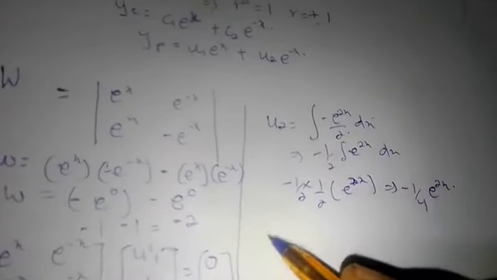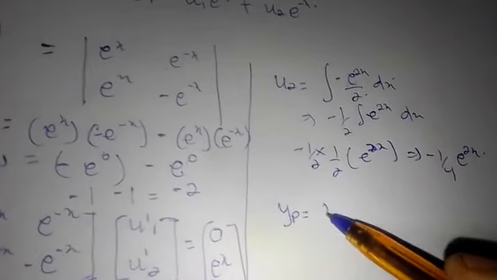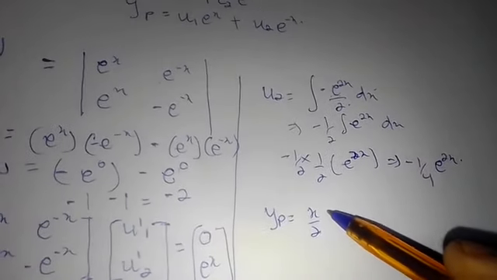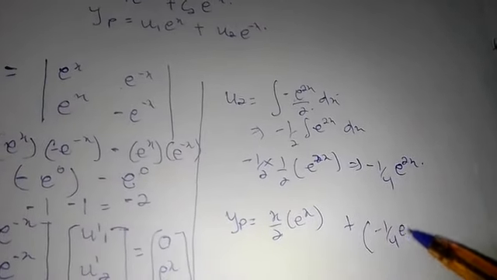What do I do? I substitute back into my yp, my particular solution, which was initially u1 e to the power x. My u1 I found to be x over 2, so I'm going to have x over 2 multiplying e to the power x, plus u2, where my u2 now is negative 1 over 4 e to the power 2x multiplying e to the power negative x.